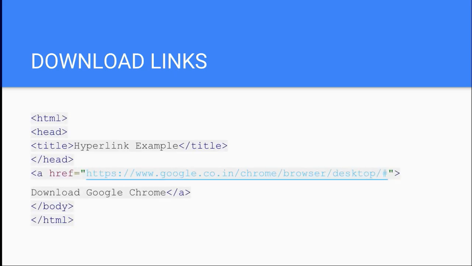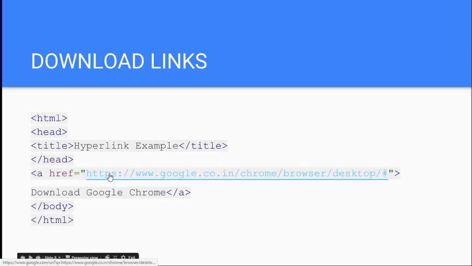And the next topic is download links. We can create text links to make our PDF or zip files downloadable. This is a very simple process. You just need to give the complete URL of the downloadable file, as I mentioned in the following example.